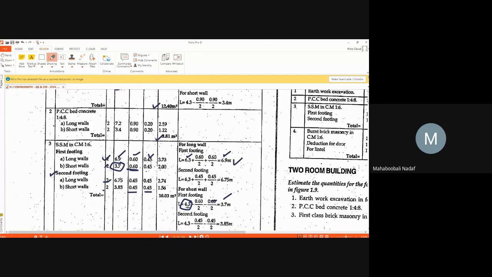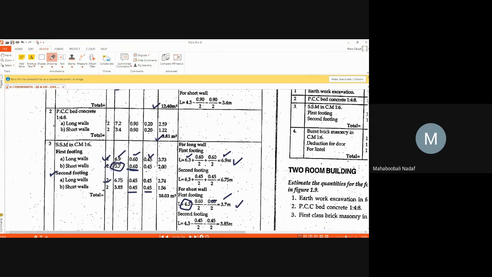So 4.3 minus 0.6 by 2 minus 0.6 by 2. How much are you getting? 3.7, sir. So this is the corrected short wall distance in the first footing. That is why I have written 3.7 here.